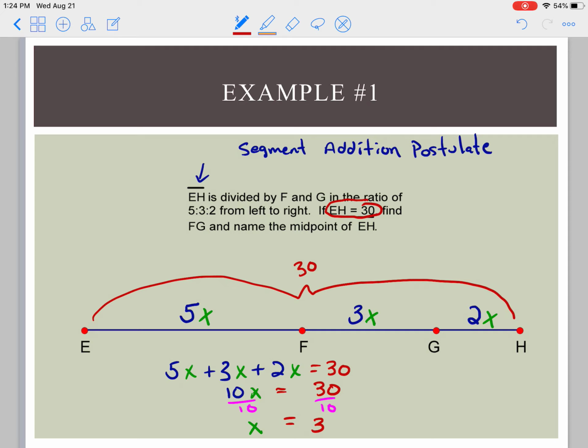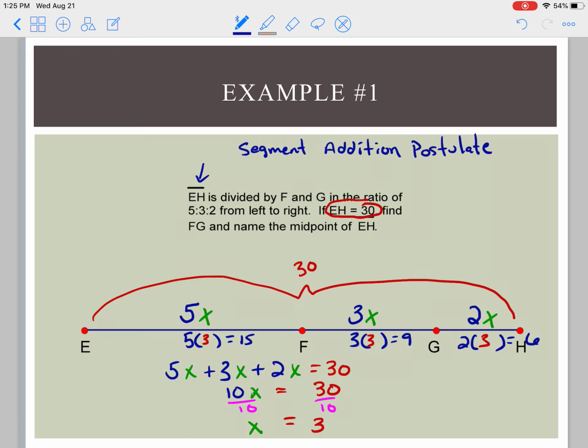I need to go back in and substitute that 3 back in for each one of my x values to get the length of the segment. So if I substitute in the 3, now I end up with 15, 9, and 6 for the lengths of my segment.